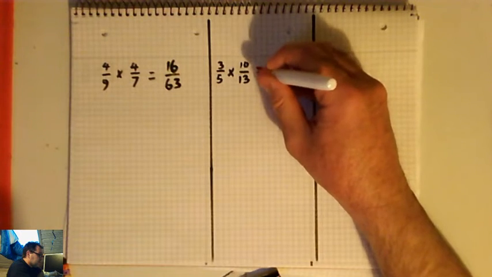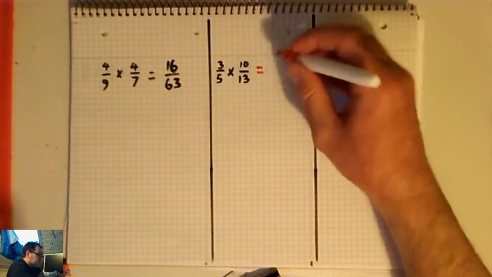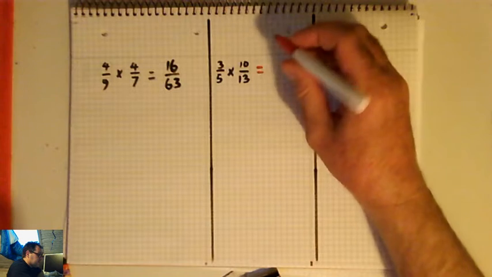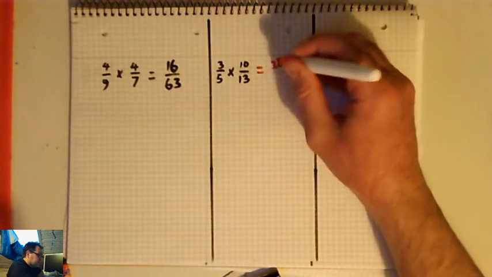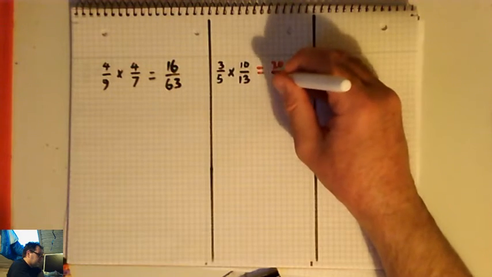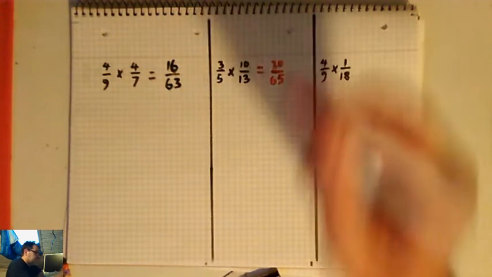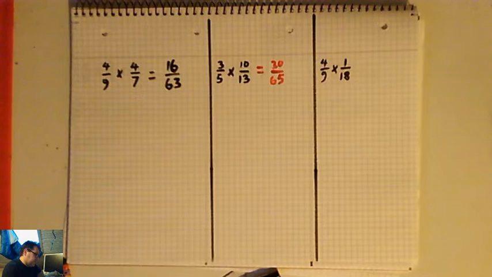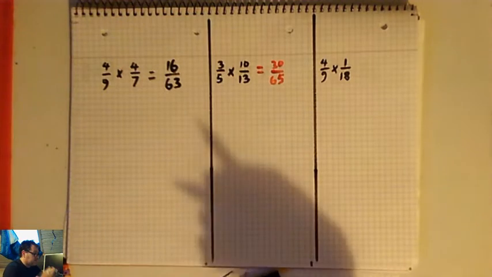Okay, next one. 3/5 times 10/13. So 3 times 10, 30. 5 times 13, 65. But you might spot that both of those, top and bottom, can be divided by something, so the fraction can be reduced.